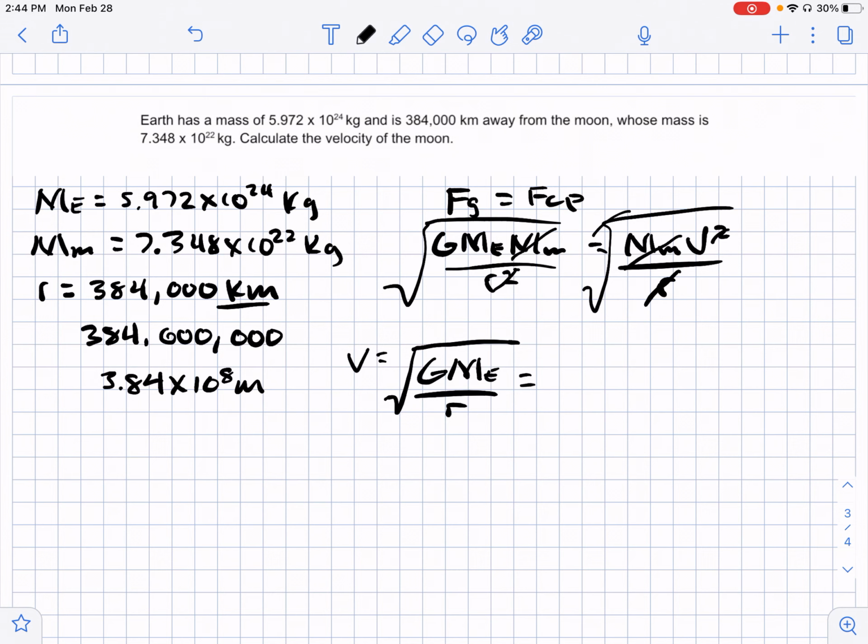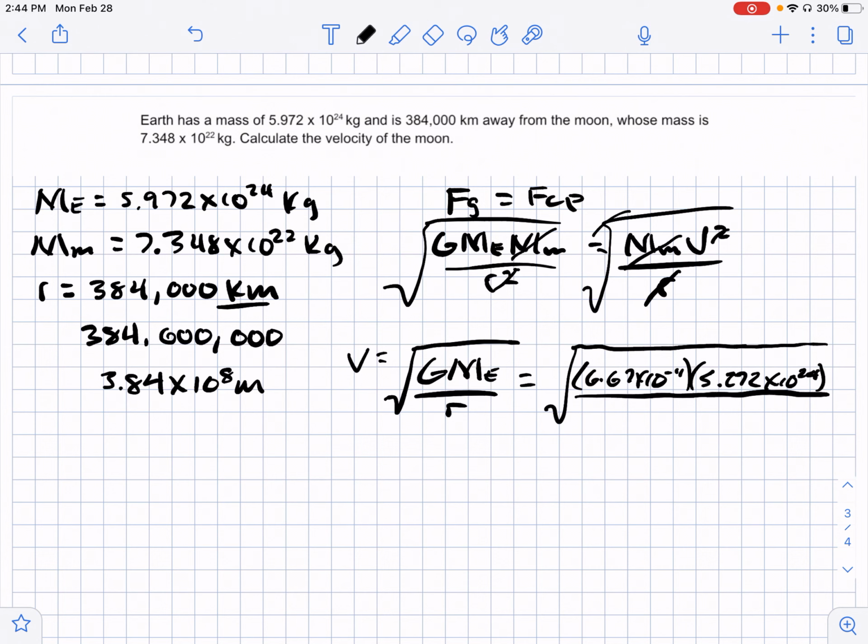And now we can just plug in our numbers. Square root of 6.67 times 10 to the negative 11, and the mass of the Earth, which is 5.972 times 10 to the 24, all over the distance between them, which is 3.84 times 10 to the 8 meters.